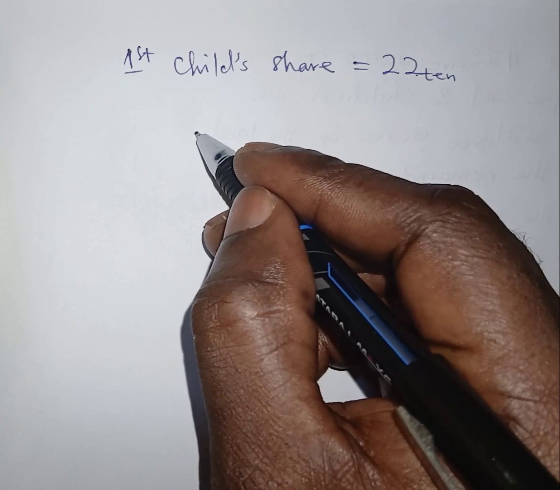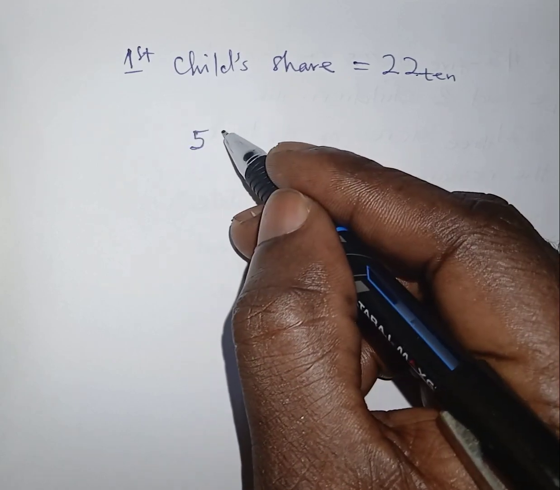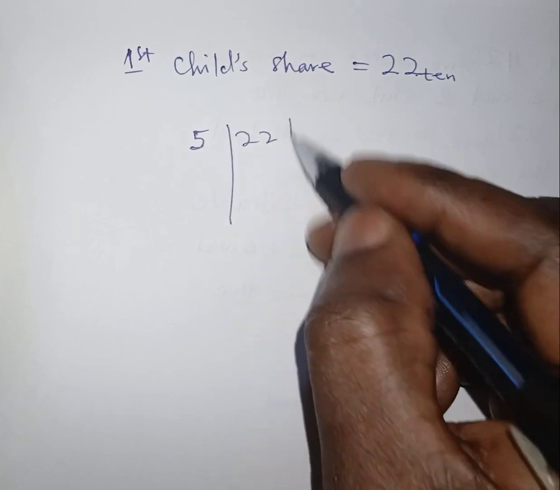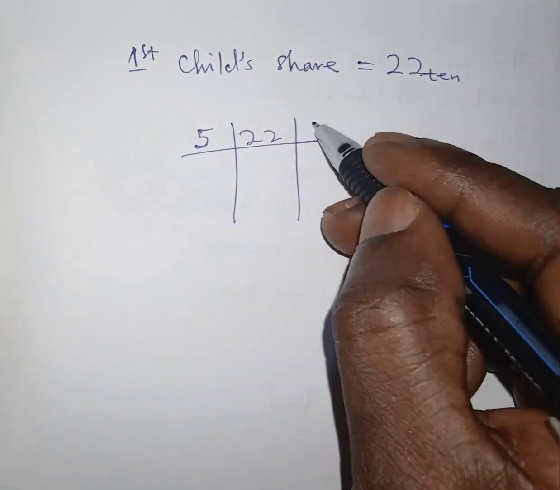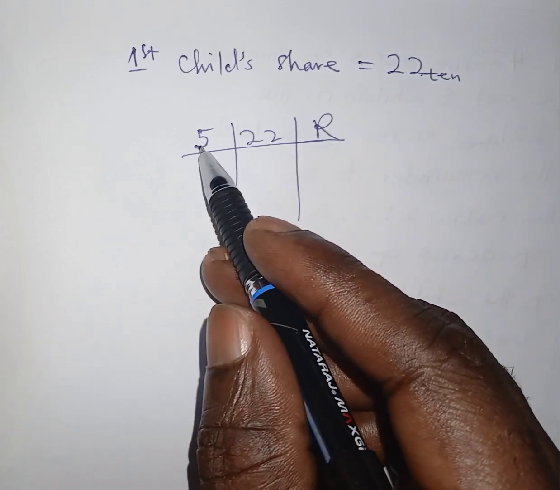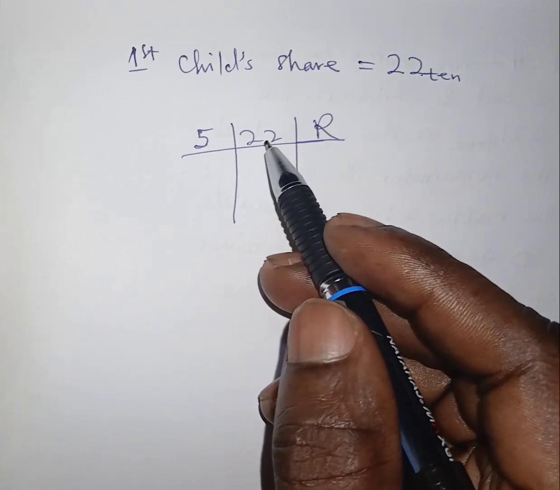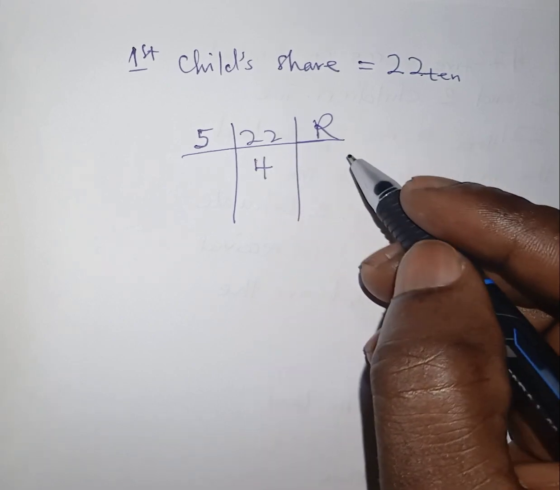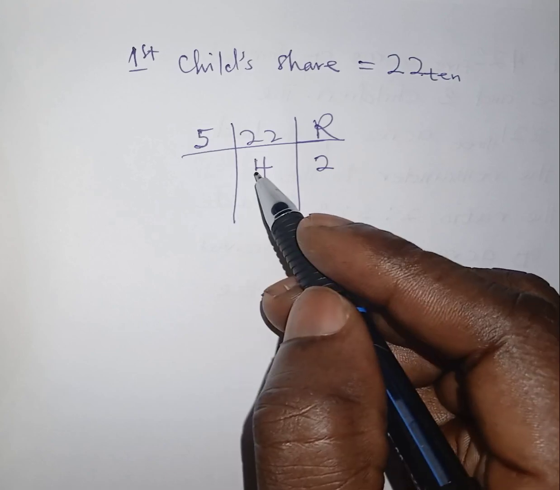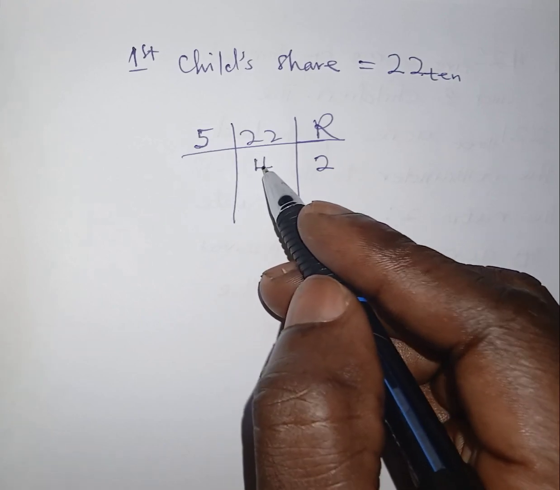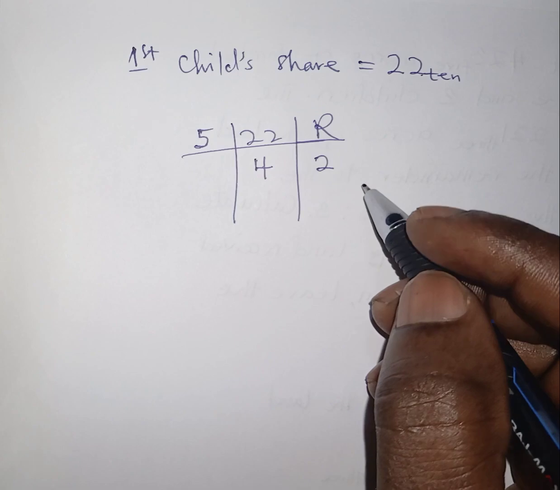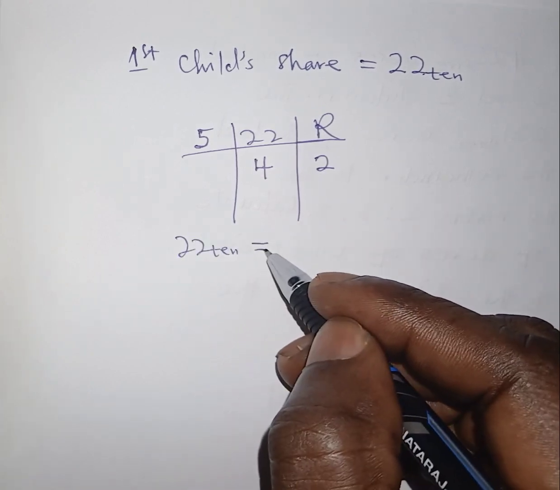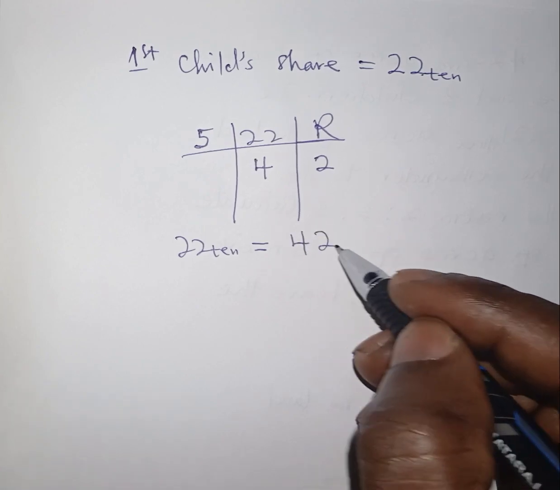We write the 5 here, and 22, with the remainder. So 5 divides 22 how many times? 4, remainder 2. Good. So we have 42, and that becomes our answer. So it means that 22 base 10 is equal to 42 base 5.